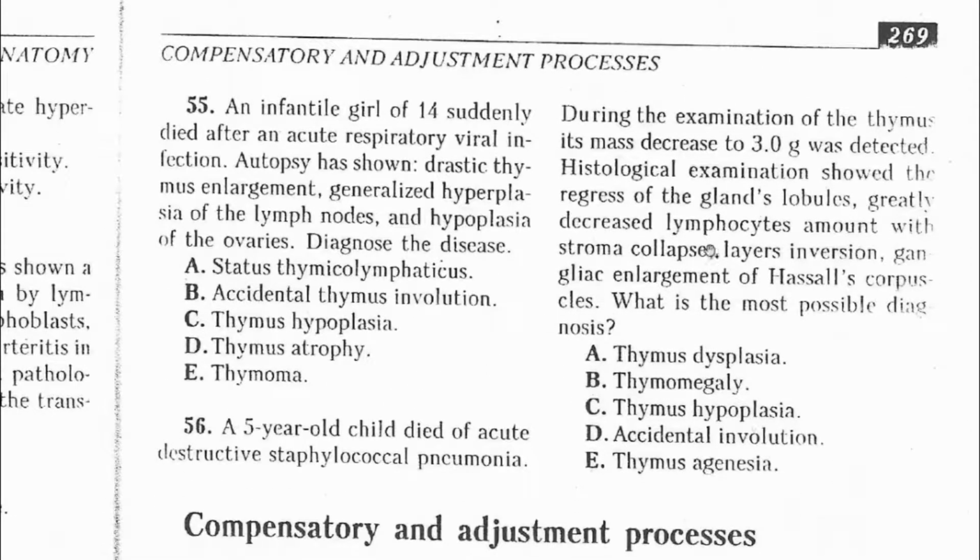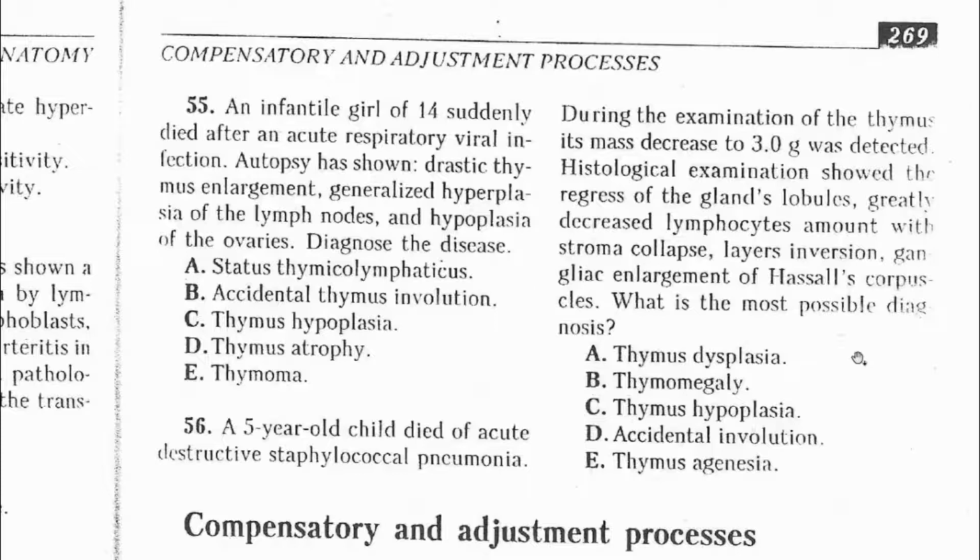During the examination of the thymus, its mass decreased to 3. Histological examination showed the regress of the glandular lobules, greatly decreased lymphocyte amount with stroma collapse, layers inversion, ganglionic enlargement of Hassall's corpuscles. What is the most possible diagnosis?